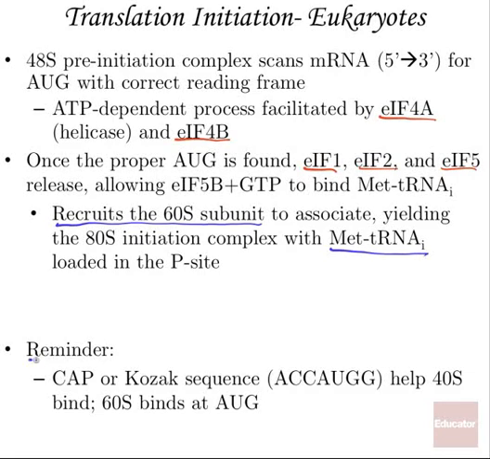And just as a reminder, we have the cap, or if we don't have a cap, which is actually fairly common on mRNAs in eukaryotes, you utilize what's called a Kozak sequence with the consensus sequence ACC-AUGG. And whether it's the cap or the Kozak sequence, that will help the 40S ribosomal subunit bind to the mRNA. And then the 60S subunit will bind at the AUG, as we talked about up here, once it's been found.